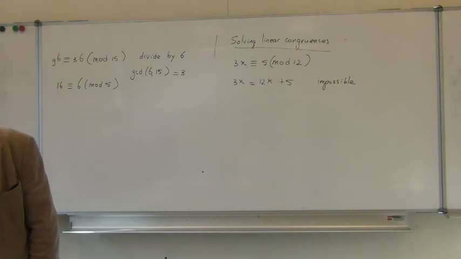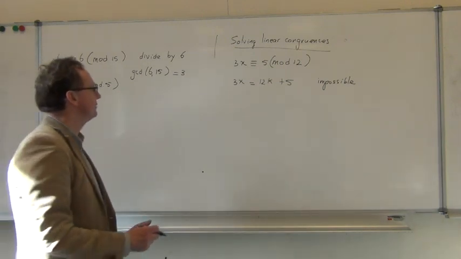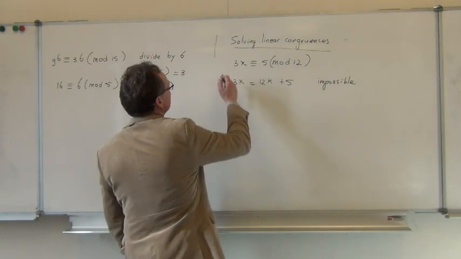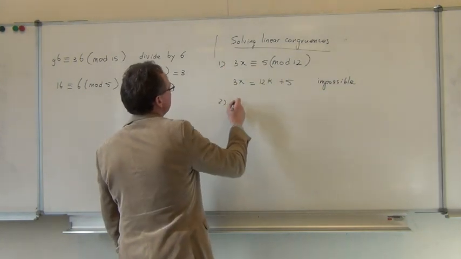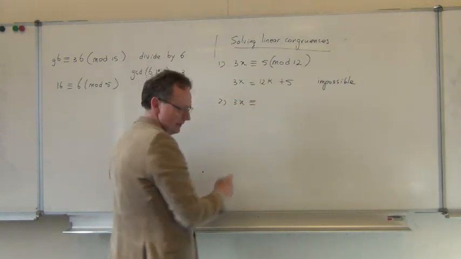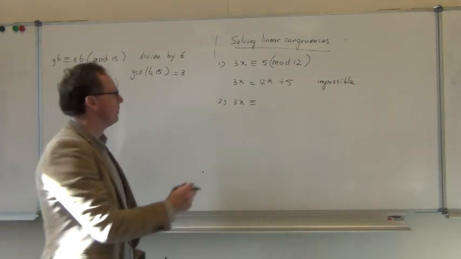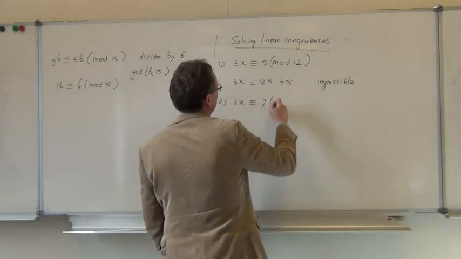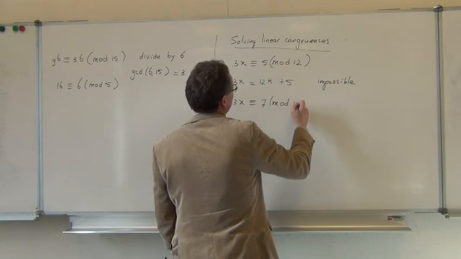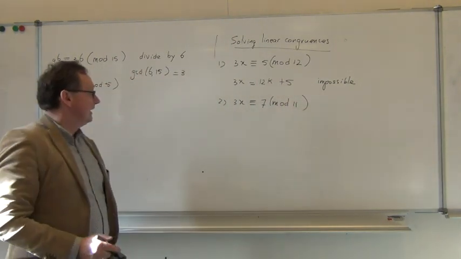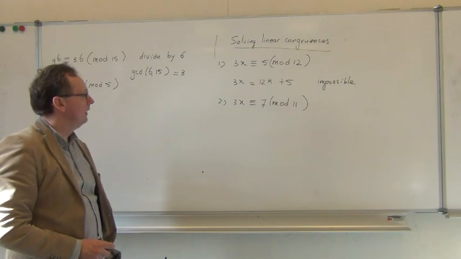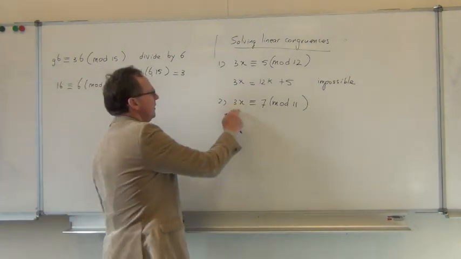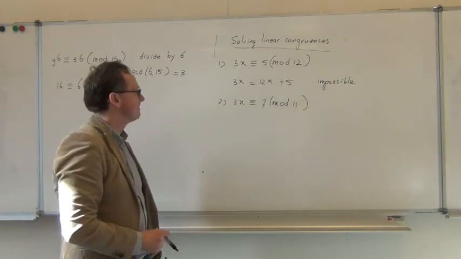Let's look at the situation where there is a solution. This was example 1. Example 2: 3x congruent 7 modulo 11. Definitely it's not possible to divide by 3 straight away.